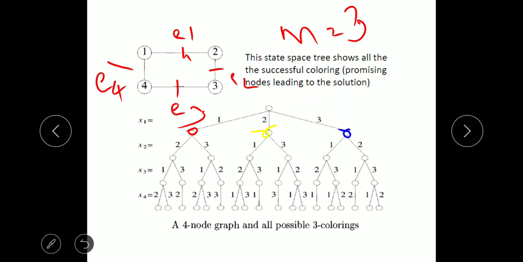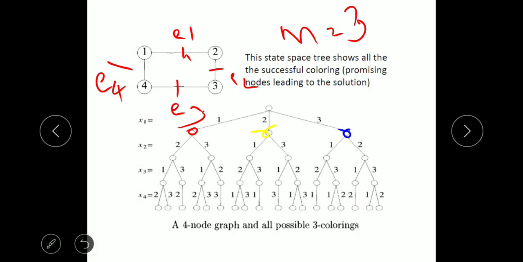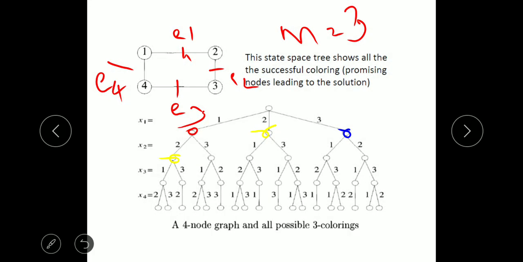Once I have colored vertex 1 red, I must color vertex 2 either with yellow or with blue.